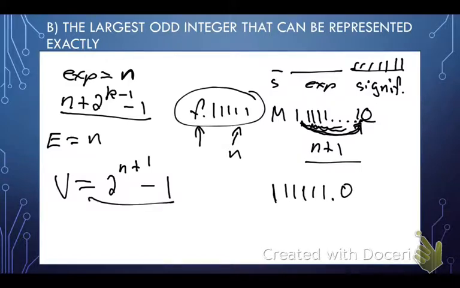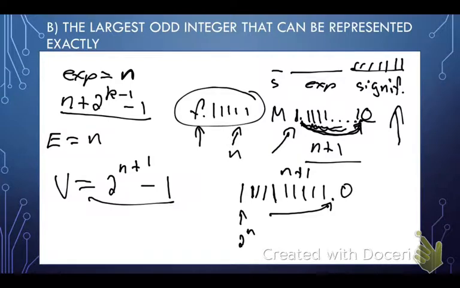To understand why this is our result for v, let's look again at our significand and what we're doing with the exponent. The exponent is moving the binary point all the way over here. How many ones do I have? Well, I have the n originally. Remember, this value of m is 1 point and then all those ones. There's another 1 that's implied. So I have n plus 1 ones sitting here, right? This is the 2 to the nth position, because recall, we start at 2 to the 0.